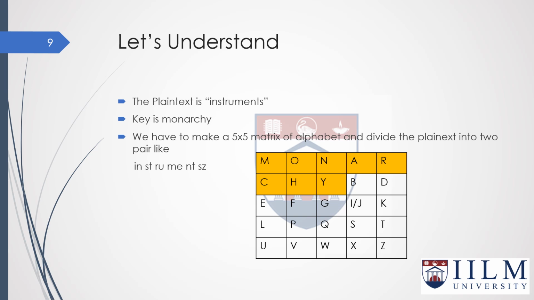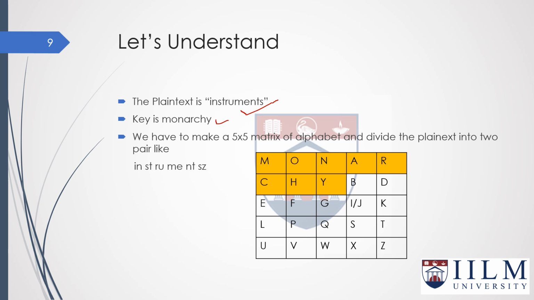So let me highlight. This is the plain text. This is the keyword. We need to jumble the plain text with the keyword. Now we see how we are able to do it.